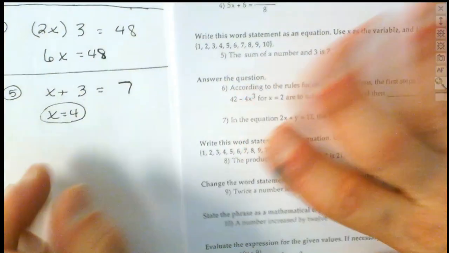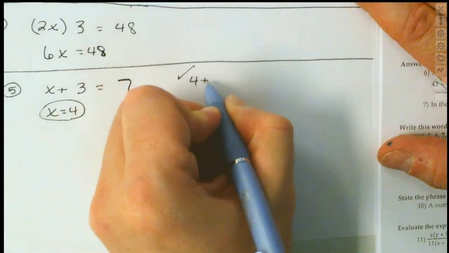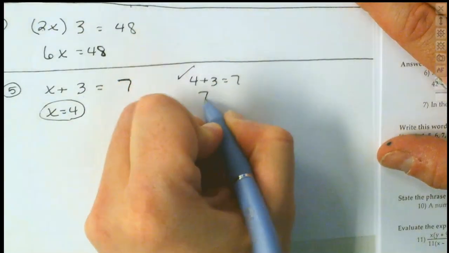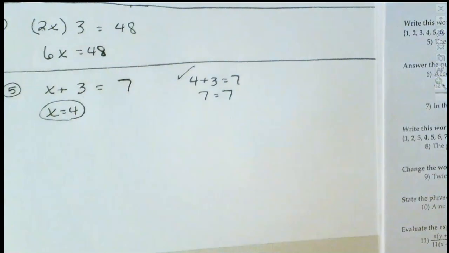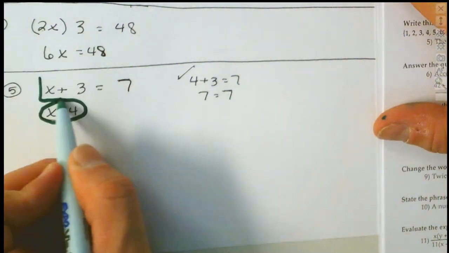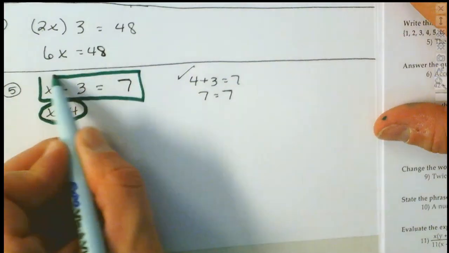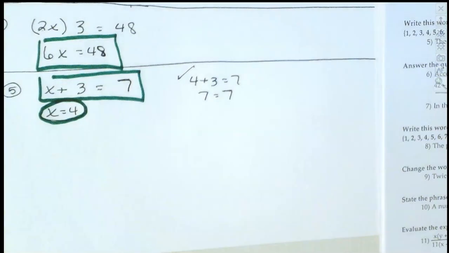Because 4 plus 3 is 7. And that's what we wanted. We wanted it to be the same on each side. So in our case, we got our equation, and our answer would be x equals 4. So I want to see that equation, and also, in this case, x equaling that 4.